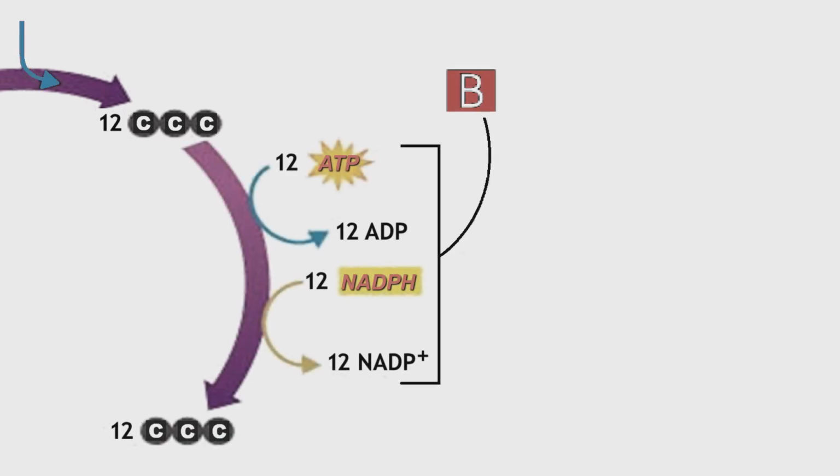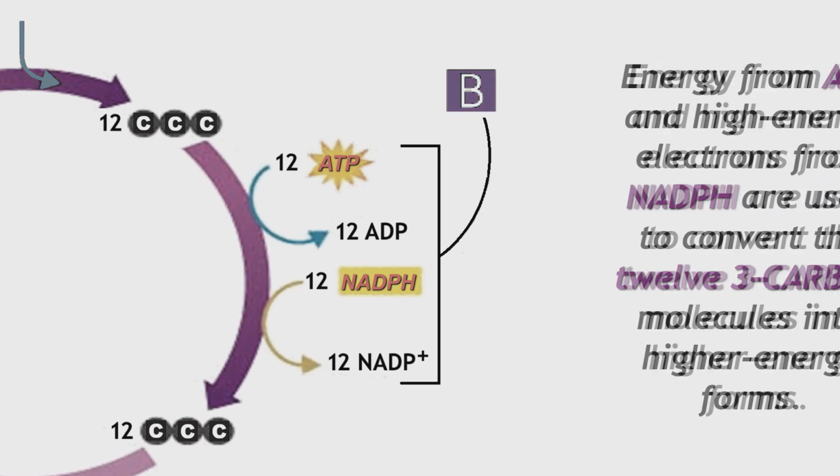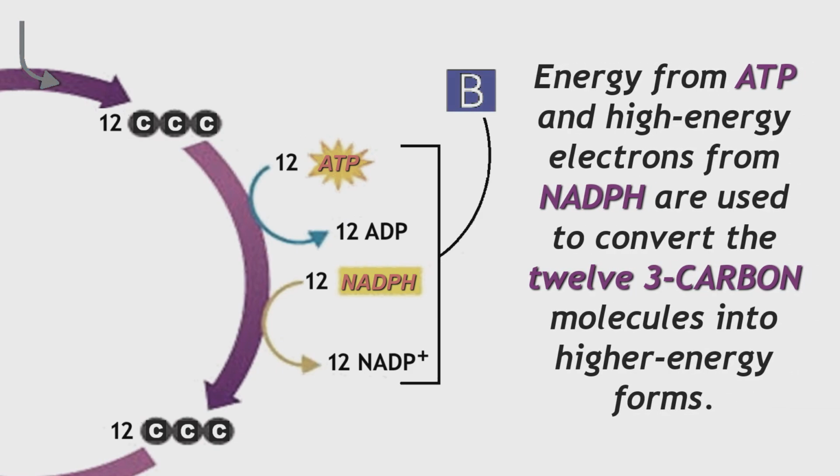Energy from ATP and high-energy electrons from NADPH are used to convert the 12 3-carbon molecules into higher energy forms. It says 12 3-carbons at the top and the bottom, but the ones at the bottom have more energy that's been donated by ATP and NADPH.